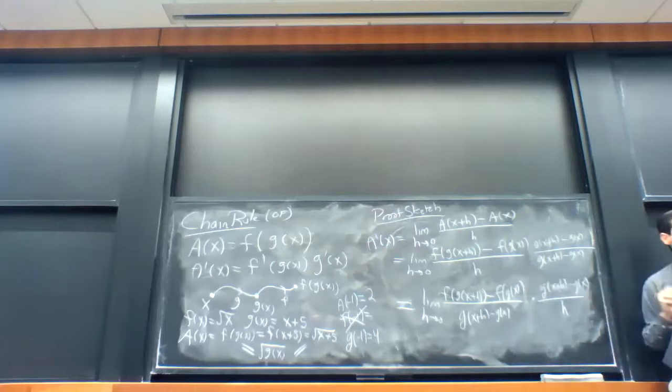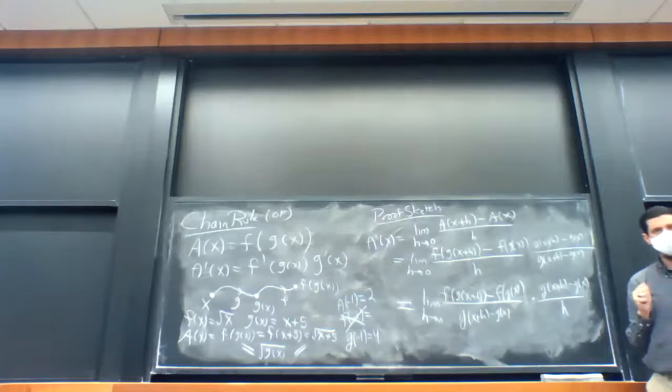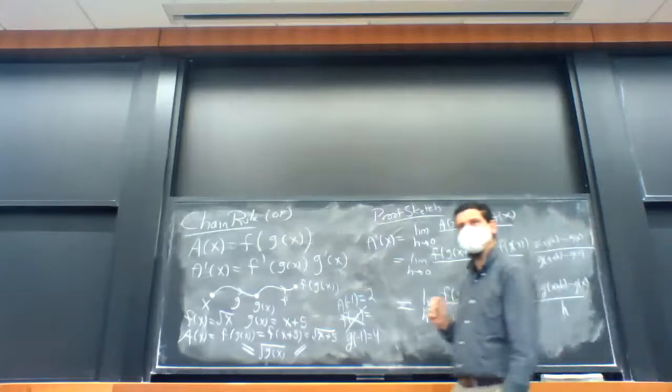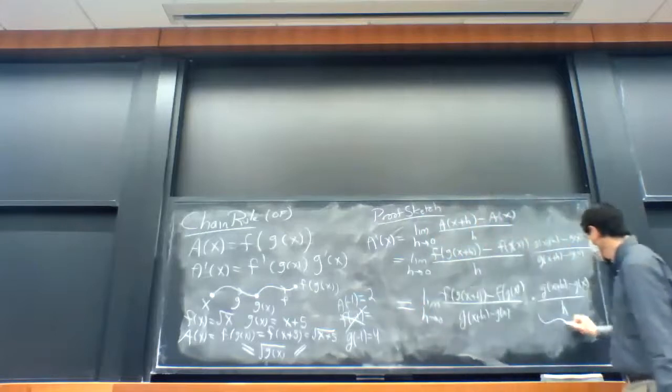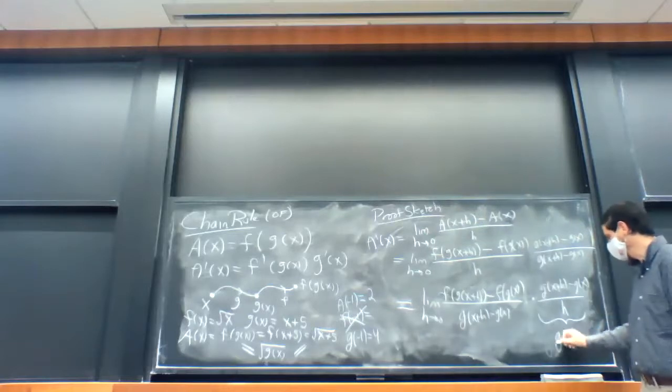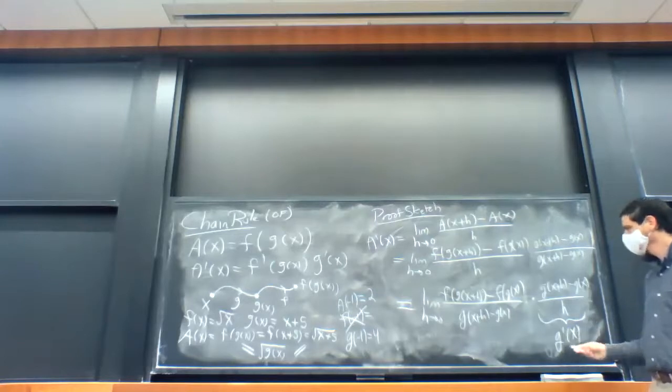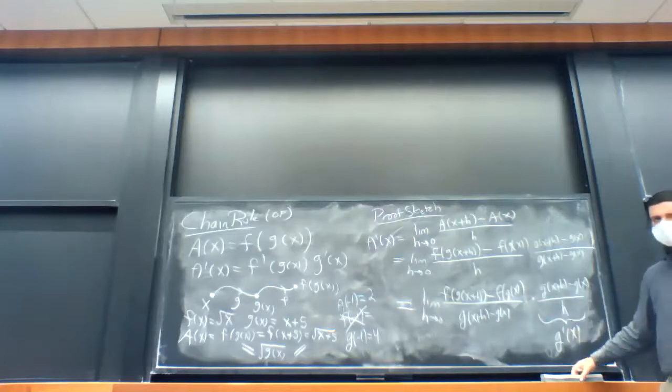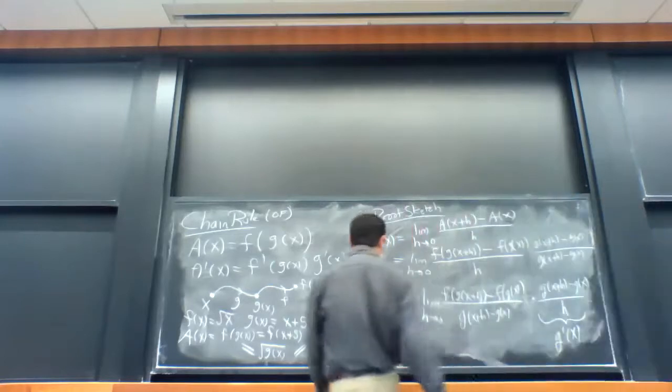What's the limit of a product? Product of the limits. What does this piece over here go to? g prime of x. That's looking really good. Now, what about this over here? f prime of g of x.